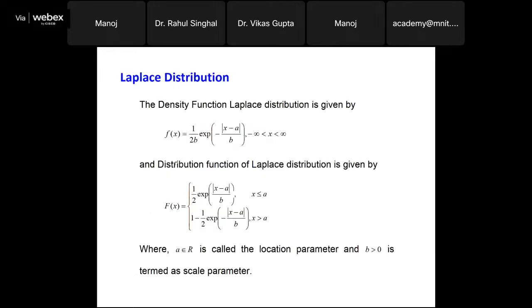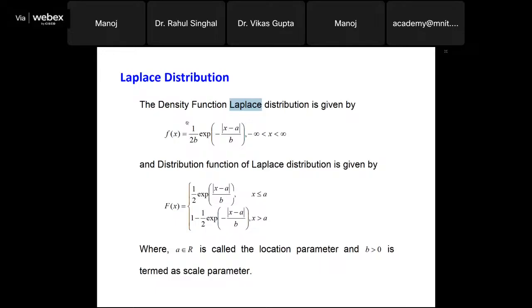So based on that, another exploration was done where a simpler, standard distribution was used, which is called the Laplace distribution.